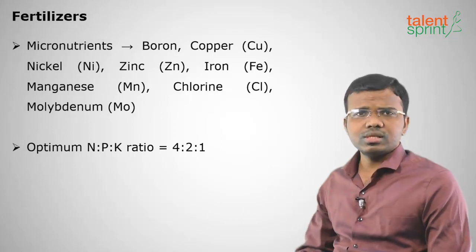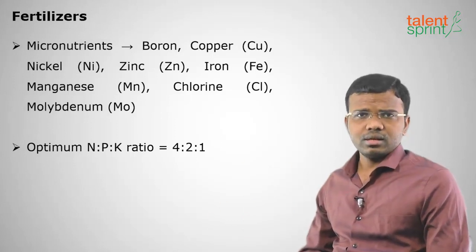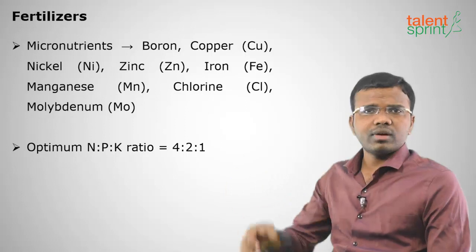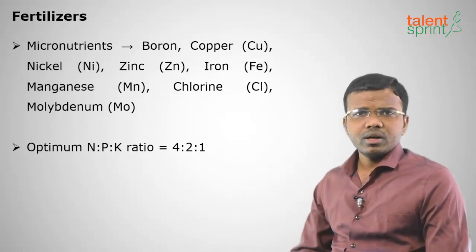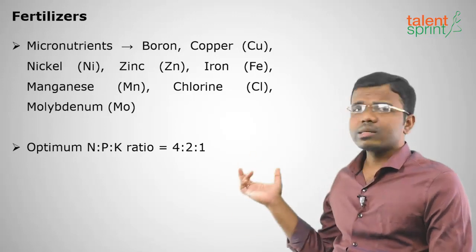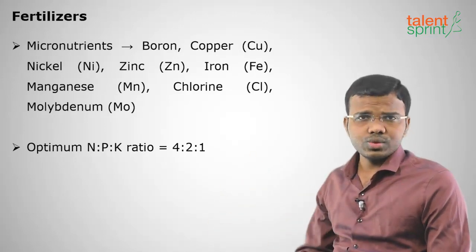The general fertilizer used is urea, etc. It's a mix of NPK fertilizers only. Some people say DAP, etc. So these are some of the fertilizers. They impart nutrients to the soil.